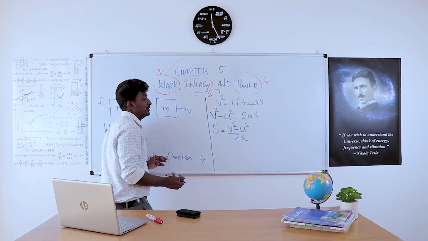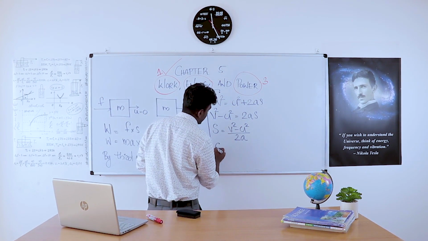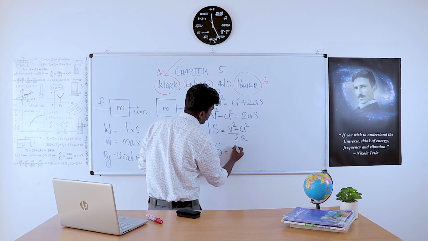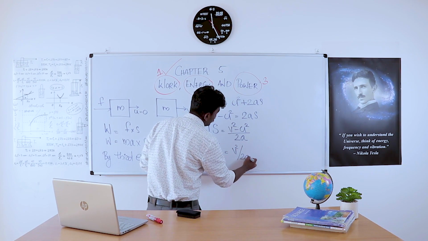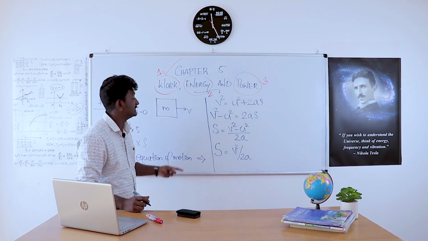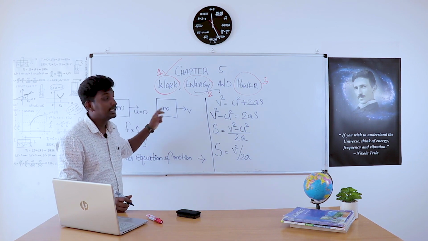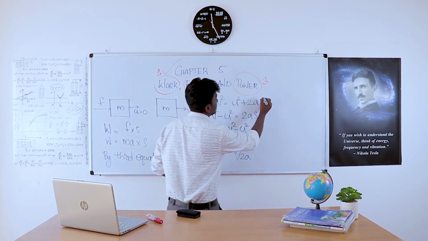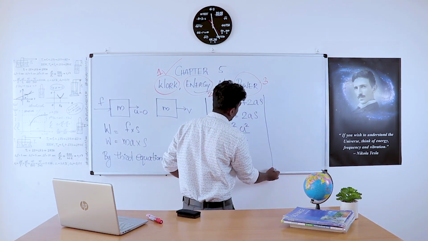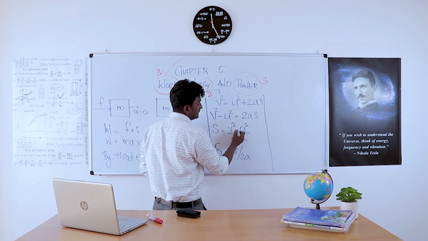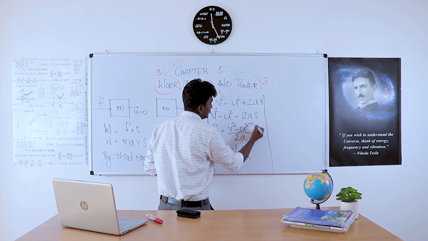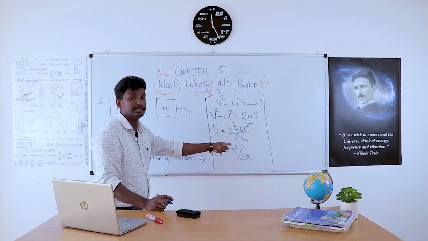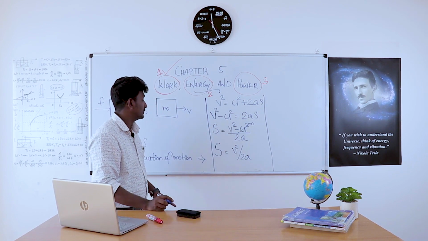Therefore, s is equal to v square by 2a.